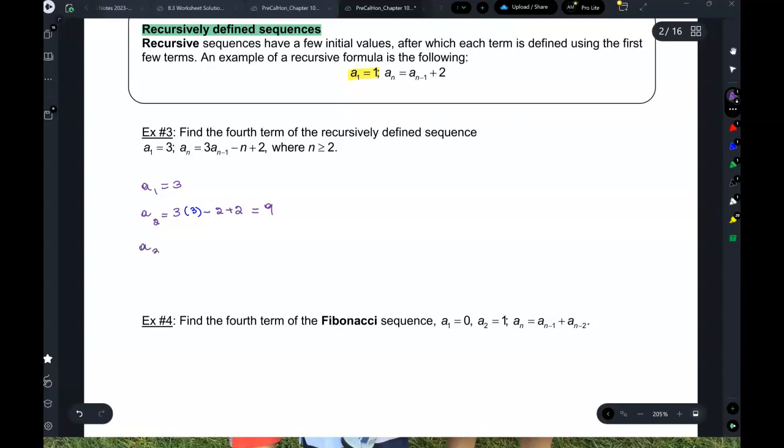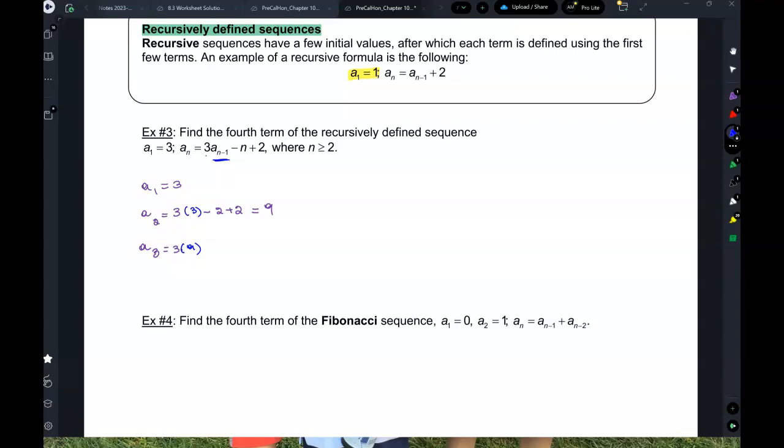Let's do the next one and you'll see, because then we won't have too many 3s. So look, a sub 3. The formula is 3 times a sub n minus 1. That means the value right before, which was a 9. Use the one before. This is a sub n minus 1.